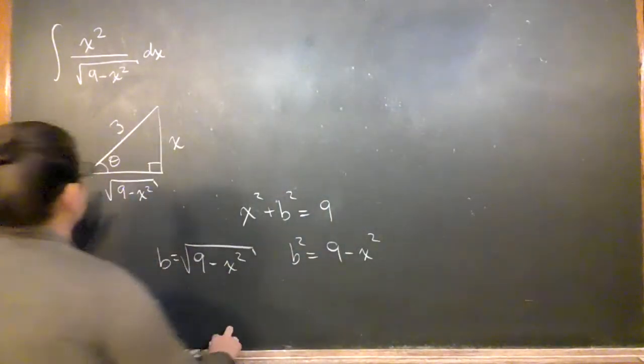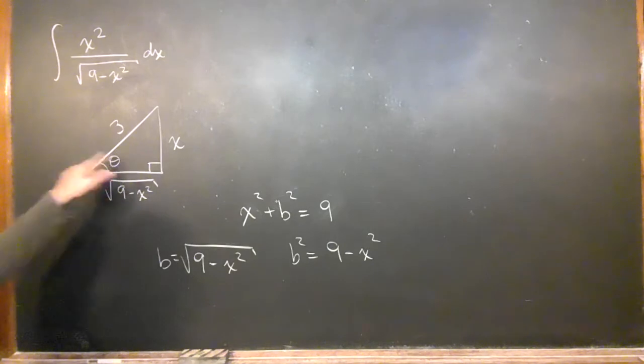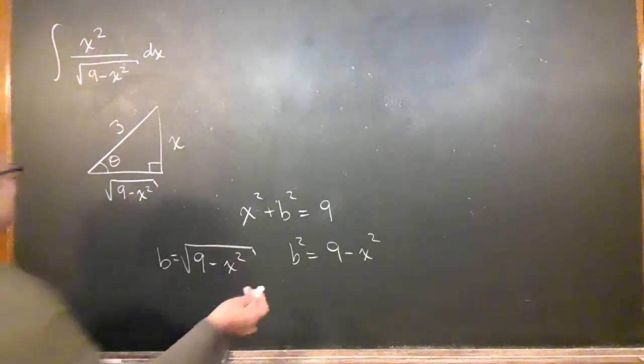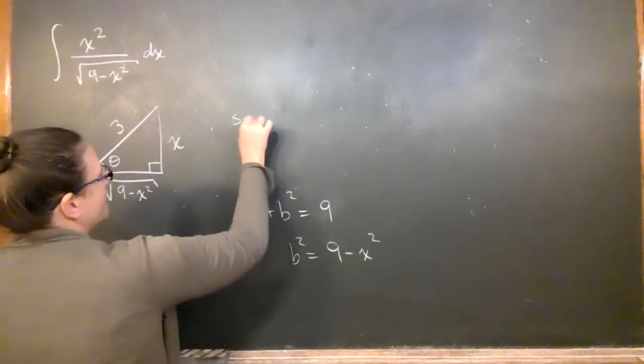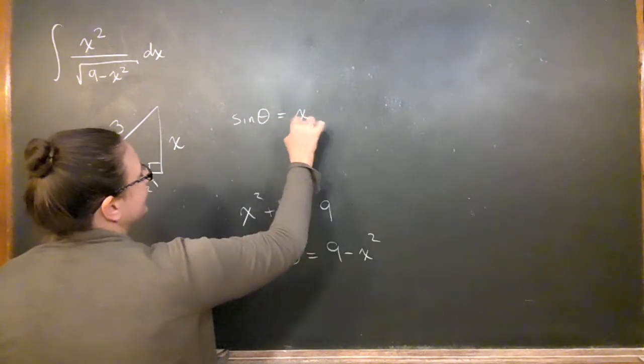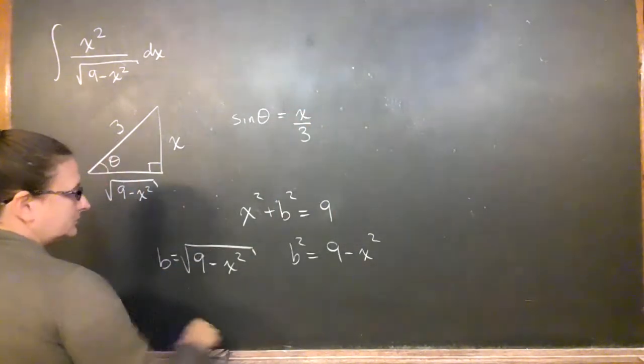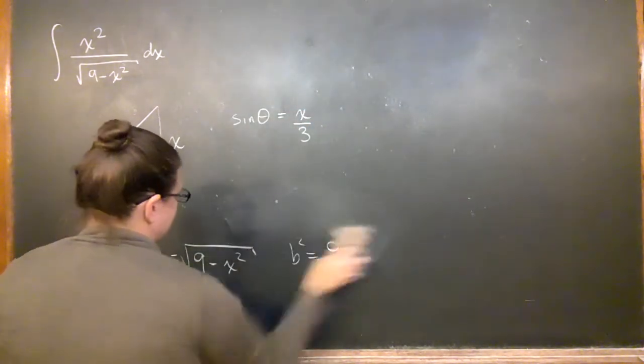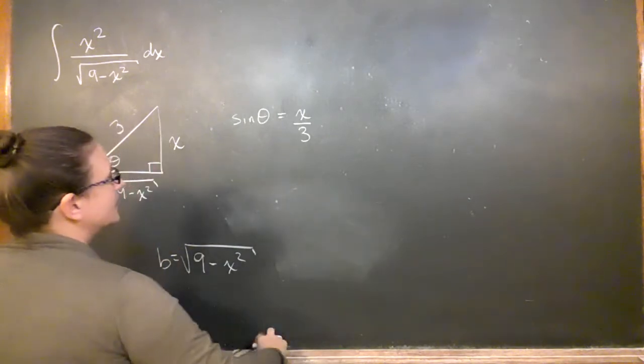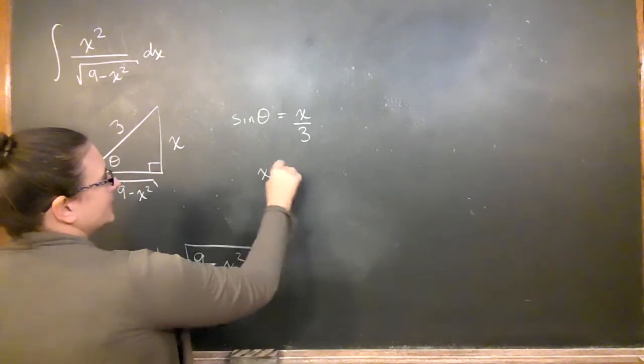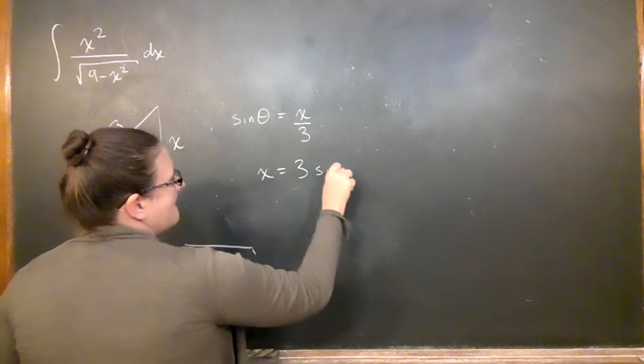So what do I know about x and theta? Well, sine theta is opposite over hypotenuse. It's x over 3. So x is 3 sine theta.